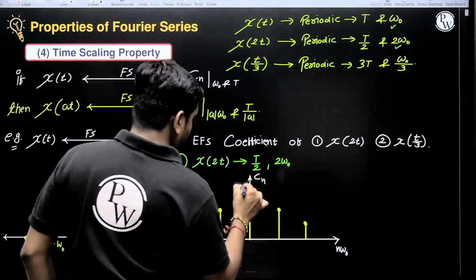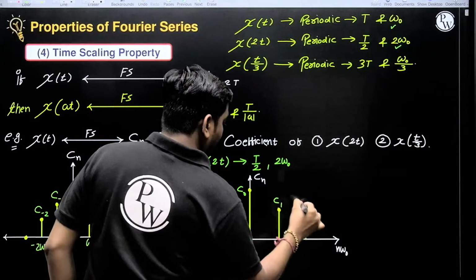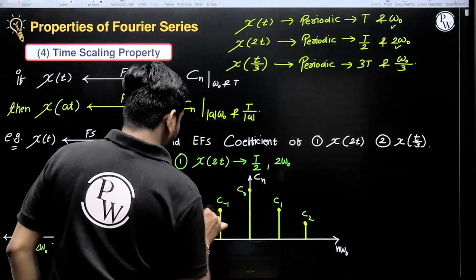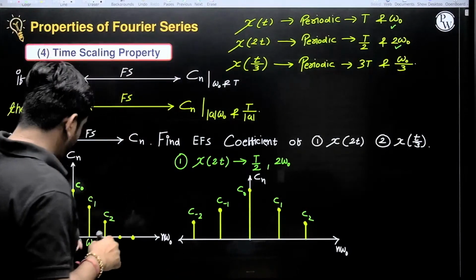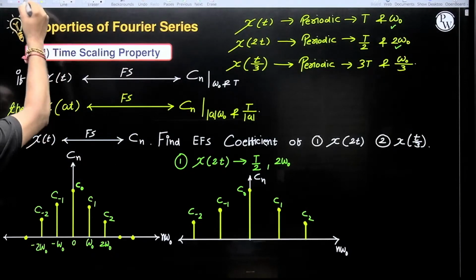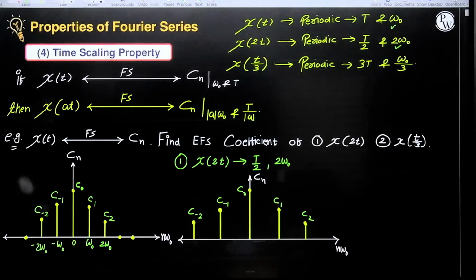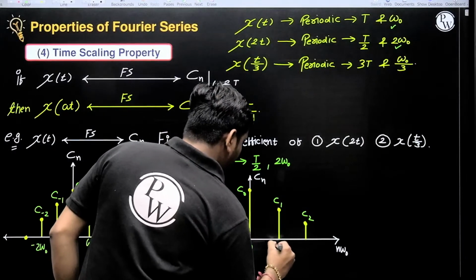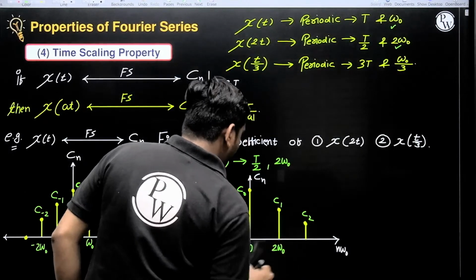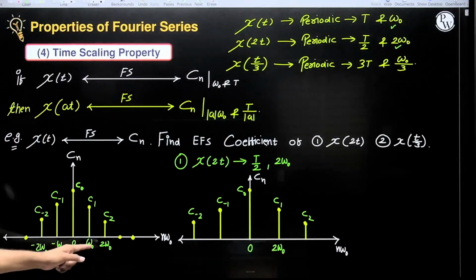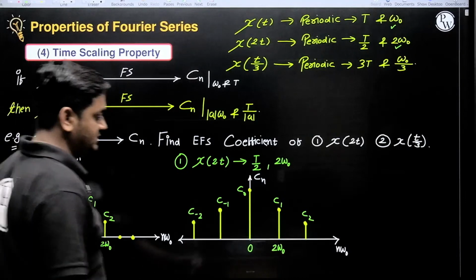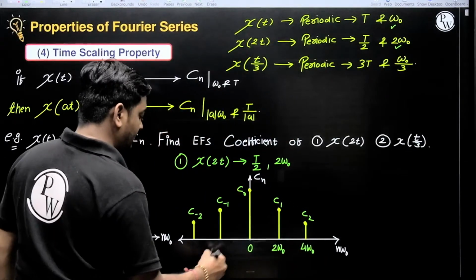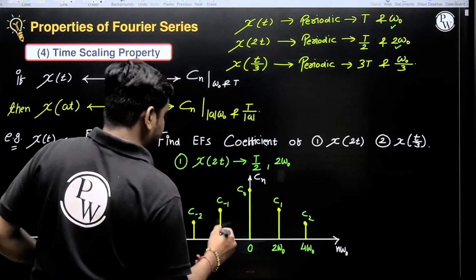This is C0, C1, minus 1 and minus 2. If we replace omega 0 with 2 omega 0, then it will be at 2 omega 0, then next at 4 omega 0, then at minus 2 omega 0.